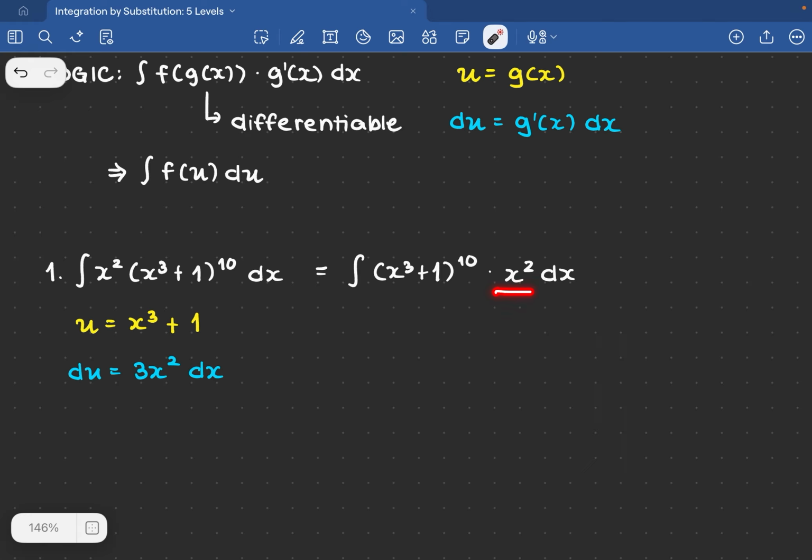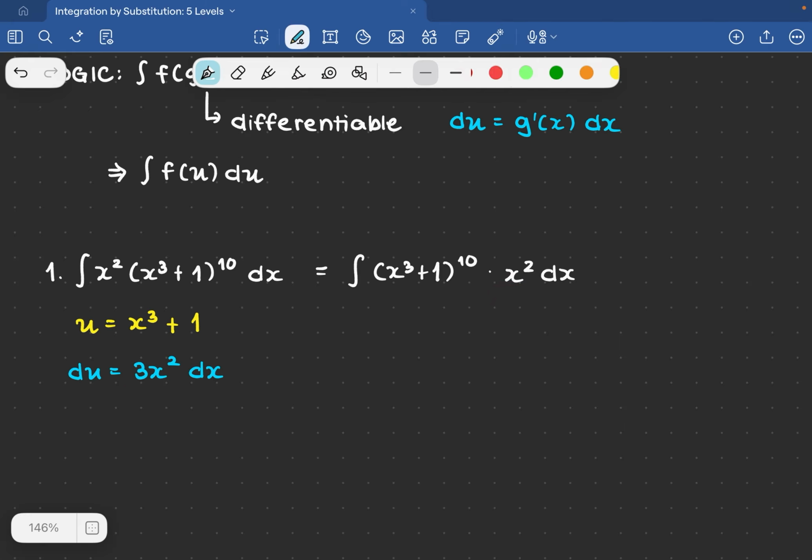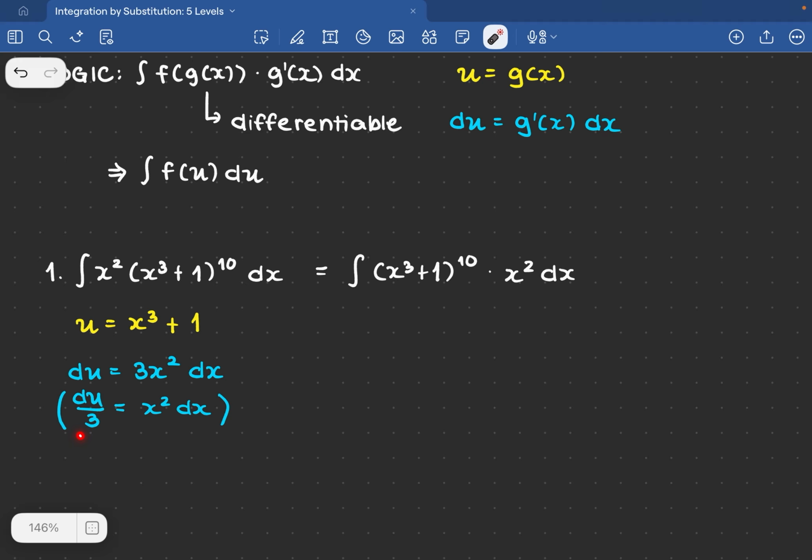Since there's no 3 here, unlike in du, we can rewrite this as du over 3 equal to x squared dx. Essentially, I divided both sides by 3, so the 3 moved here, no more 3.